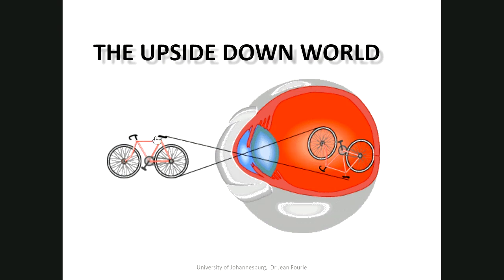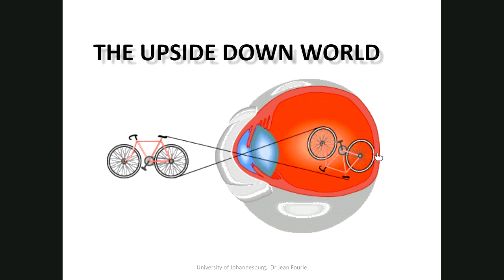The light that passes in through the iris and the lens gives an upside down image on the retina. So the light that activates the retina at the back is actually showing the image inverted.